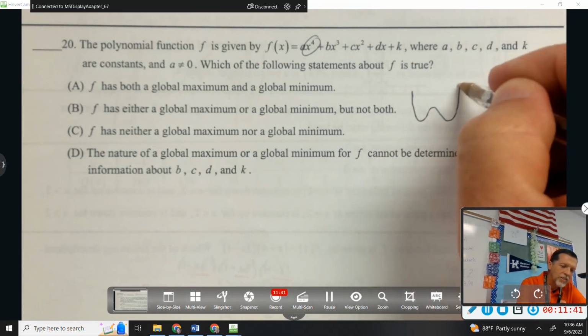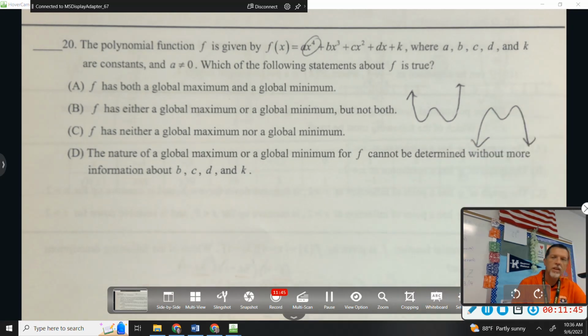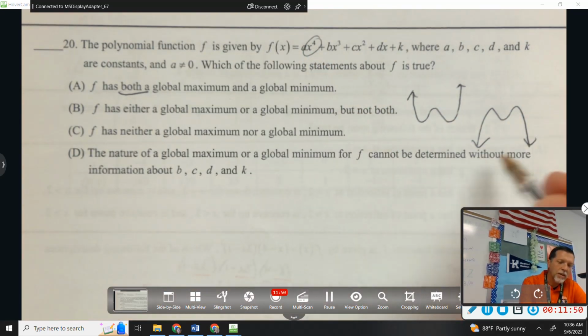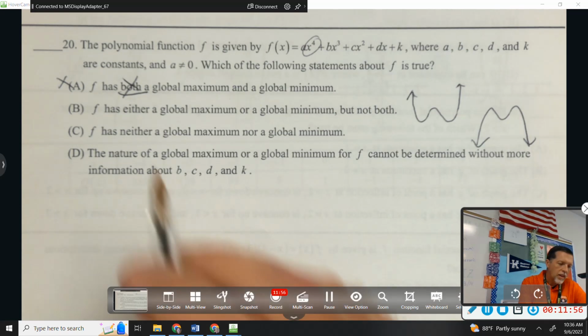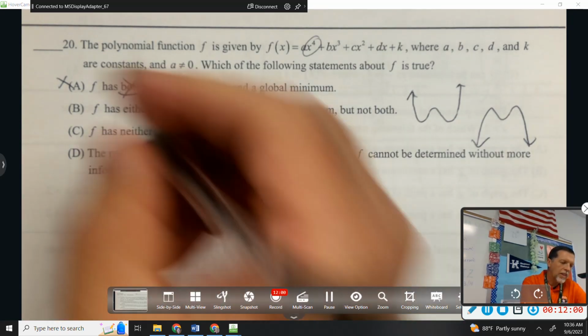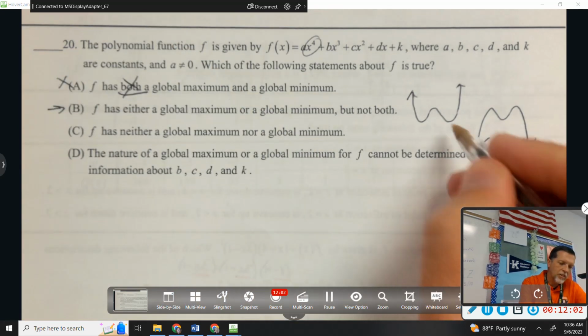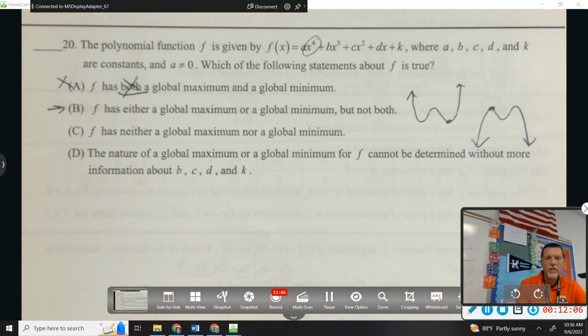So I don't know what this thing does, but it's either both up or both down, which means it's not going to have both a max and a min. One of those is going to go off forever. So it's not both. F has either a max or a min, but not both. Okay, that sounds good, right? Part C, F has neither a global max nor min.